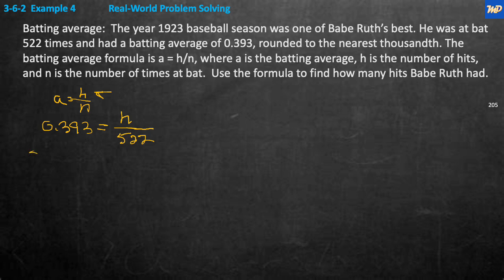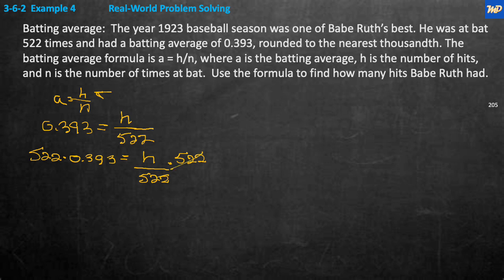And we're going to get 522 times 0.393 is equal to the number of hits, divided by 522, times 522 so that we can offset the denominator here and get rid of it on this side.